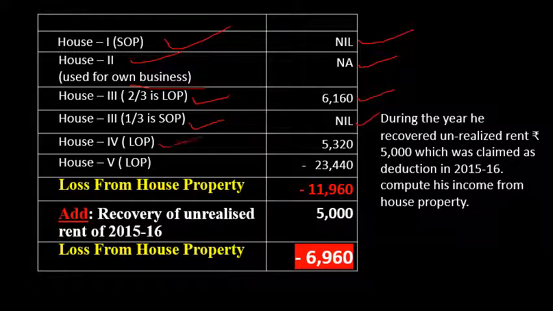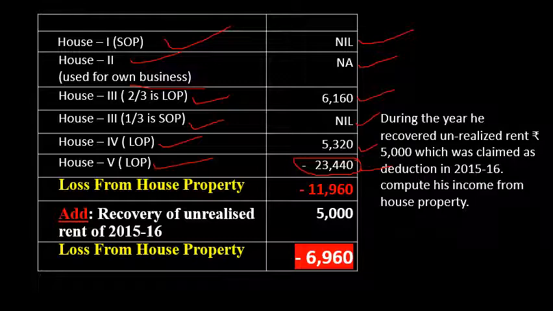And next is the fourth house, let out property, its income is 5,320. And fifth house, there is a loss, sorry, in case of fifth house SSC got the loss of 23,440.